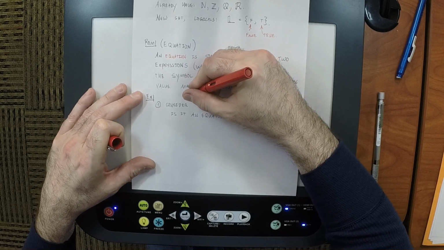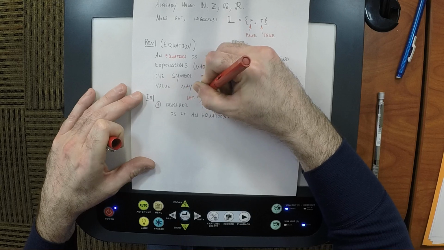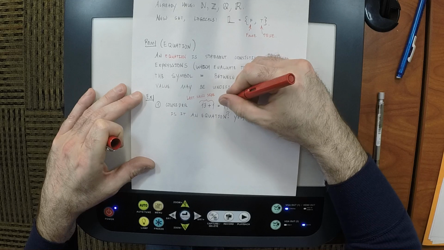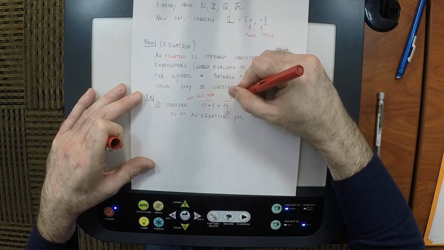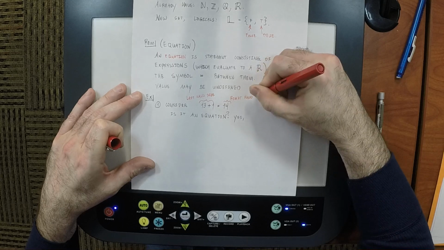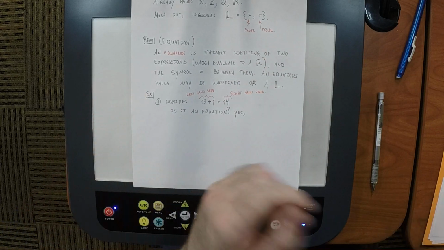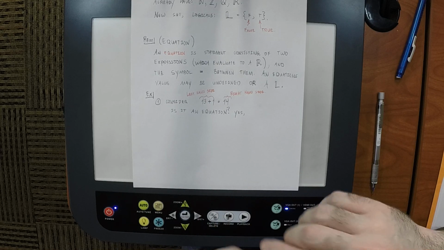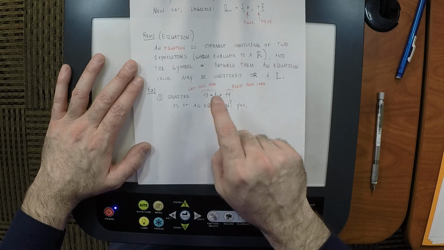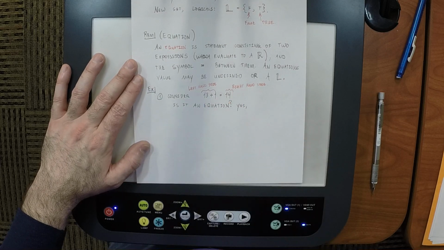So is this an equation? The answer is yes, but understand why. The answer is yes because it has a left-hand expression, it has a right-hand expression, and there is an equal in between them.